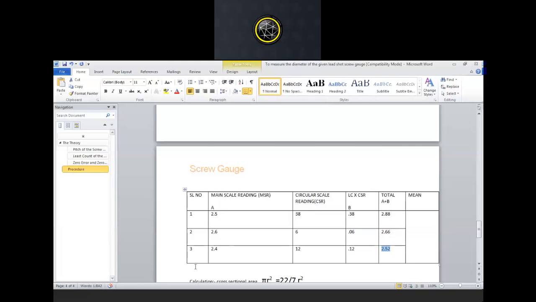If somebody is taking five measurements, then they have to divide by five. Now add these three totals and divide by three and tell me the mean. That will be the mean.